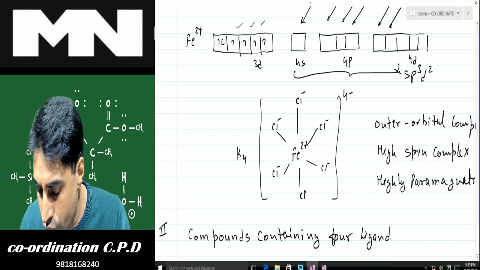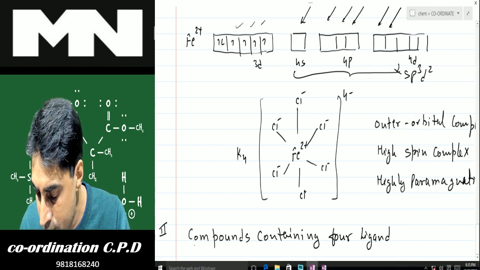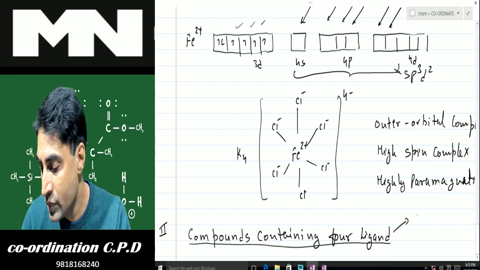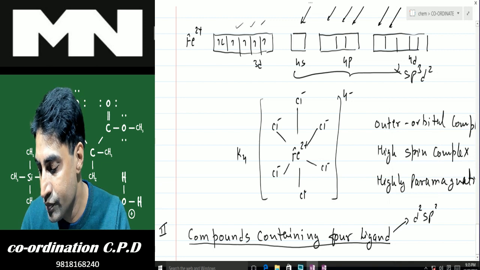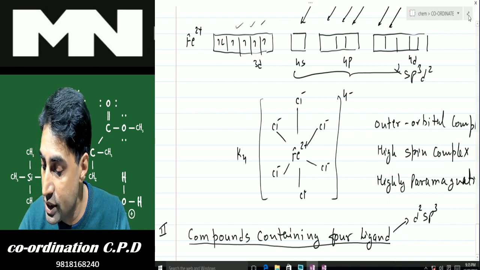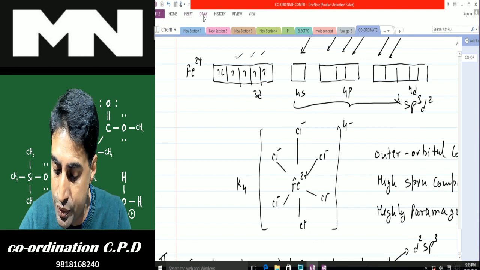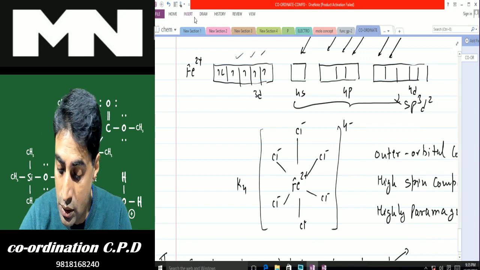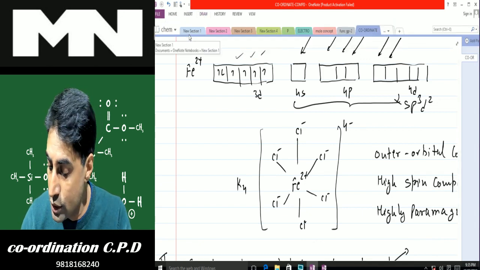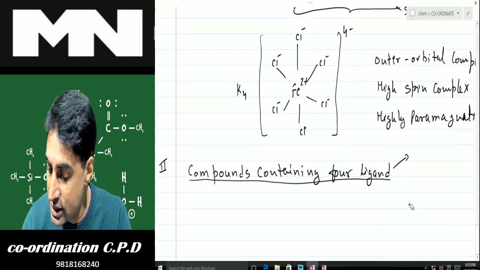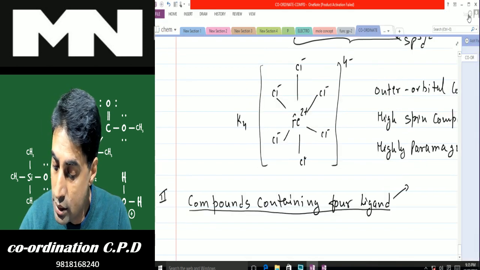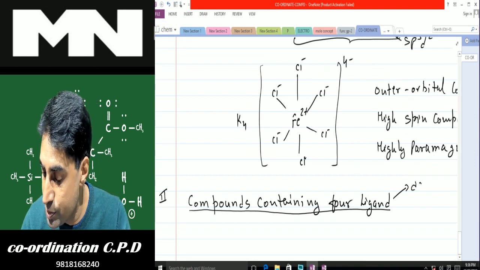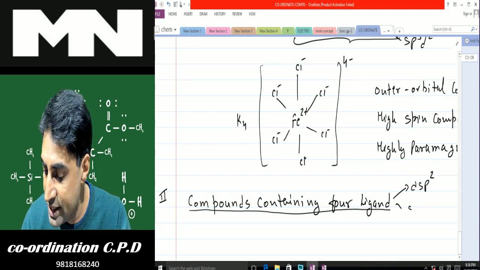Well, if I talk about 4 ligands, the two possible hybridizations are d2sp3. I'm extremely sorry, not d2sp3. In fact, it is dsp2. So the two possible symmetries in this case are dsp2 and sp3.